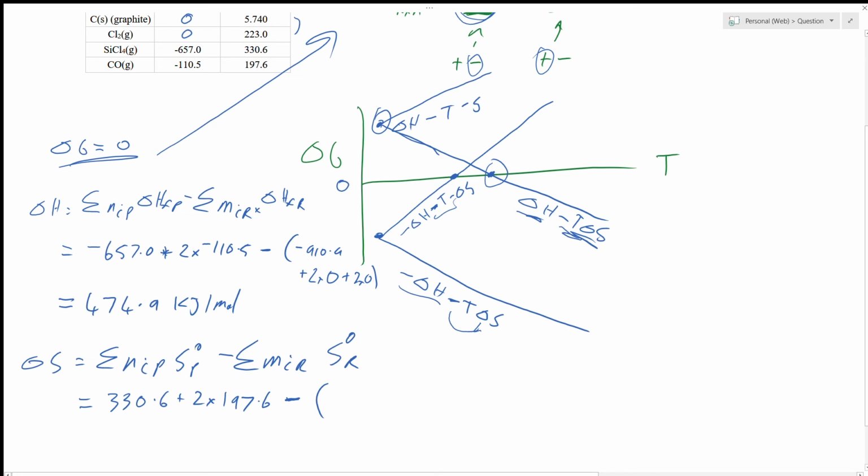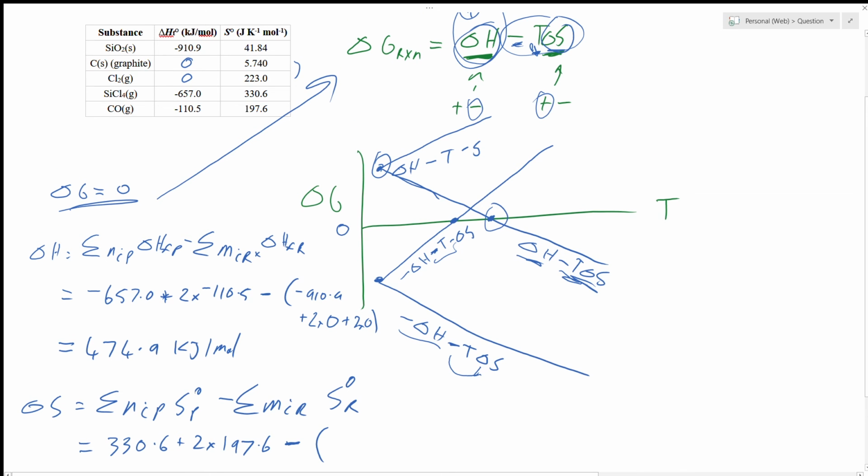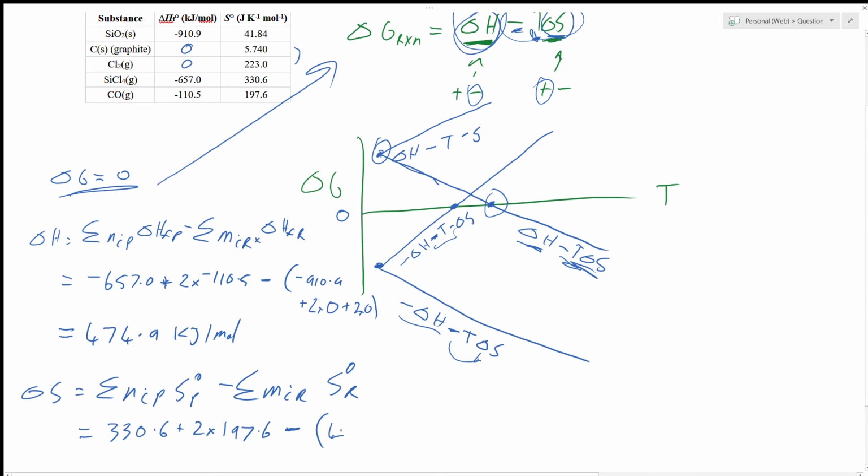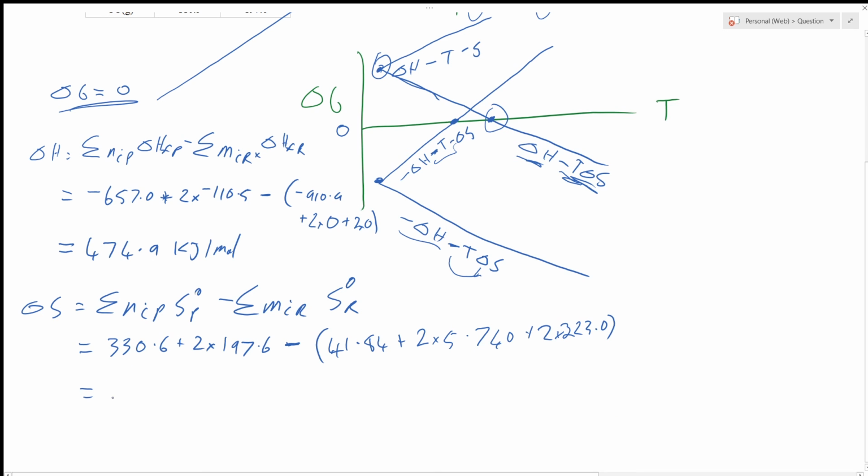You take that away from the sum of 1 of our silicon dioxide for 41.84, and we have 2 of our graphites, and we also have 2 of our chlorines. And that works out to be 226.48 joules per mole per Kelvin.